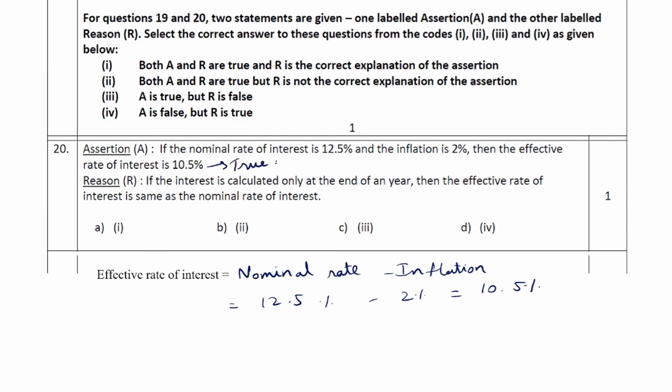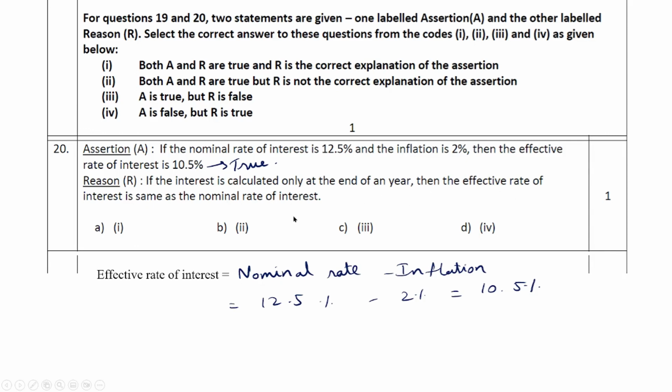The assertion is true. And next we have the reason. If the interest is calculated only at the end of a year, then the effective rate of interest is same as the nominal rate of interest. This is also true. Nominal rate of interest is nothing but the interest rate which is compounded per annum. If the interest is calculated only at the end of the year, then effective rate of interest will also be compounded per annum.